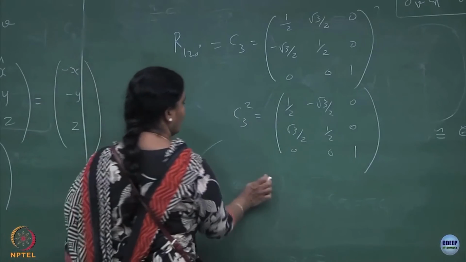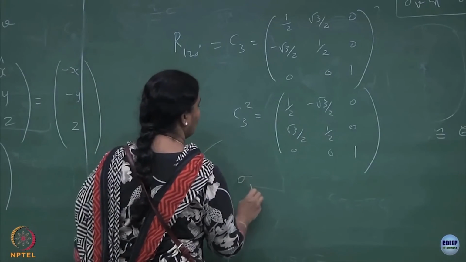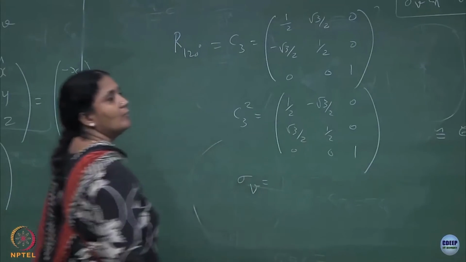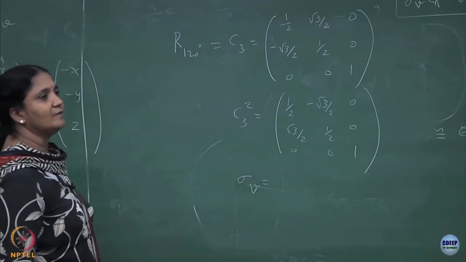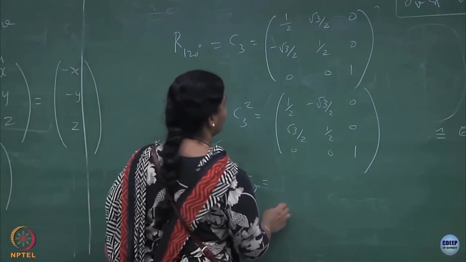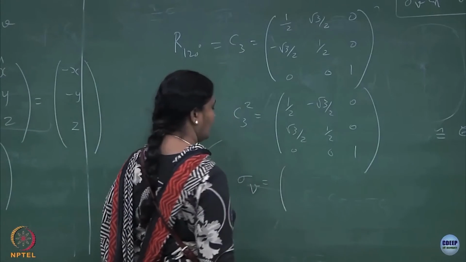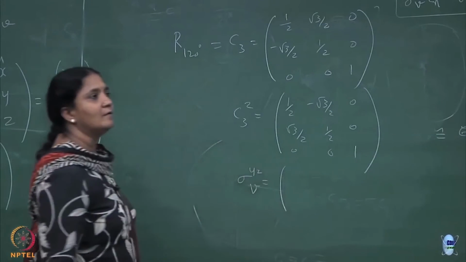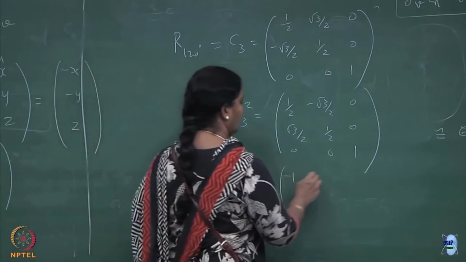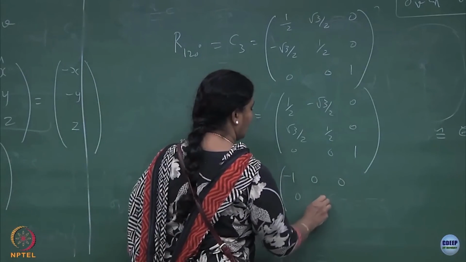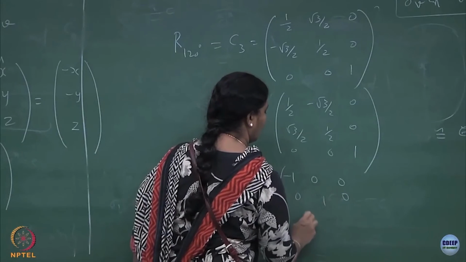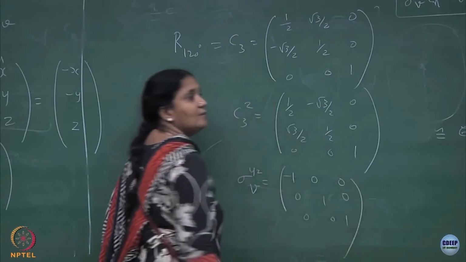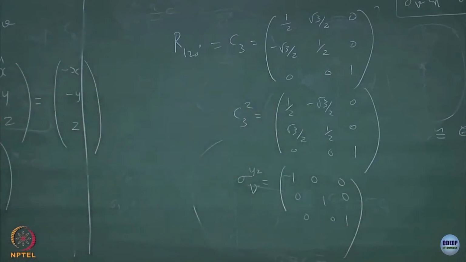and then let us write sigma v also. Let us do C3 sigma v, C3v. Sigma v will be, let us take it to be in the yz plane. Then you are all with me? And now you can generate other elements of the C3V group.